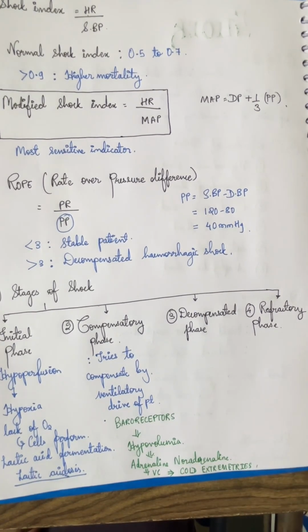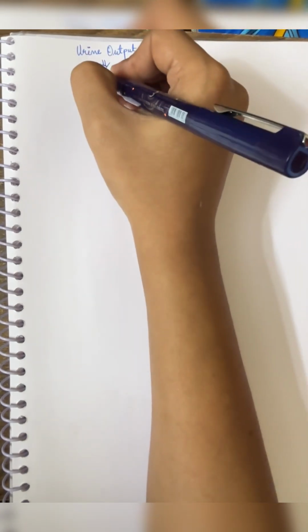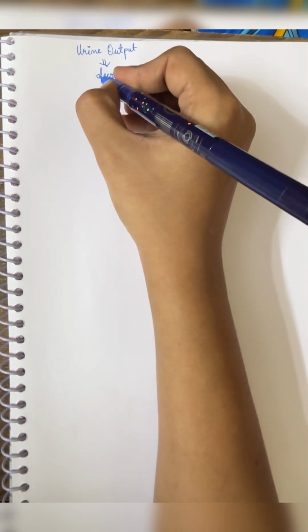Now an important point in the compensatory phase: what about the urine output? Will it increase or decrease? It will decrease, because the renal system is not receiving an abundant amount of blood.